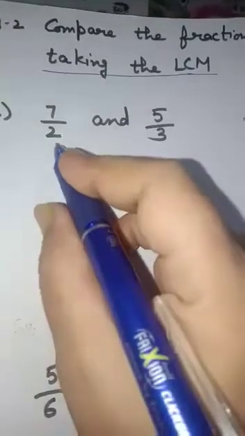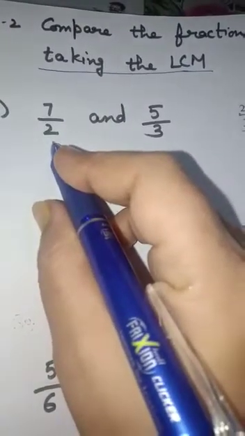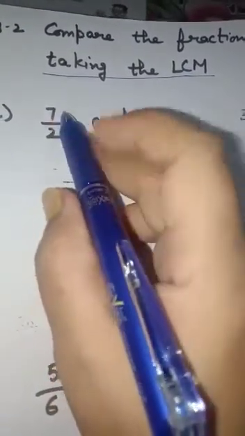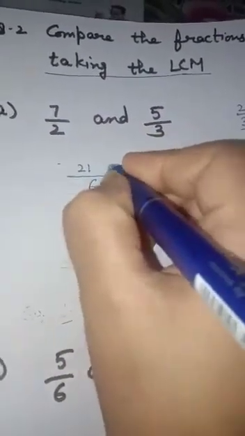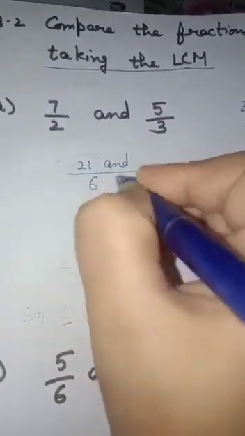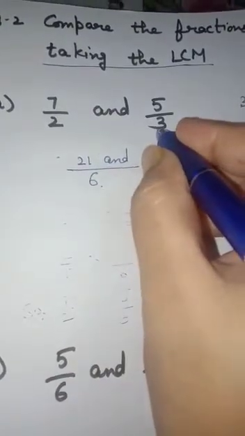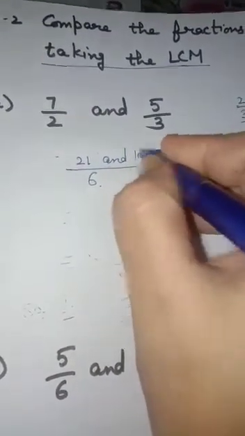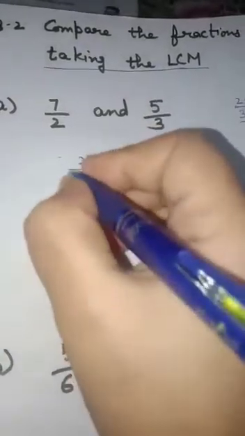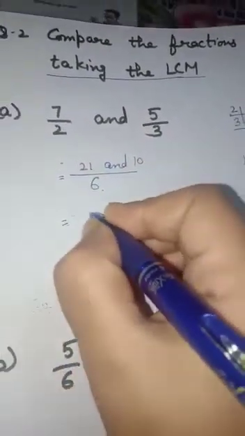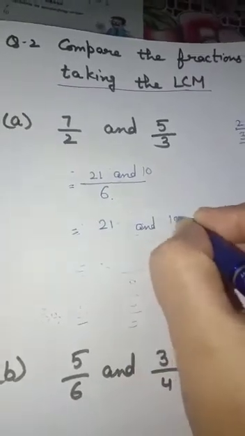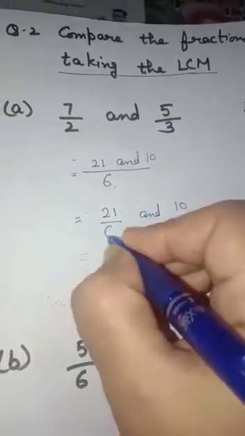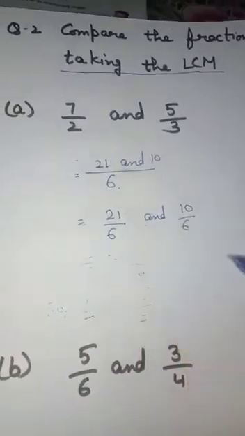When 6 is divided by 2, the answer is 3. 3 will be multiplied by this numerator. 3 7s are 21. In the same way, 6 divided by 3 is 2. 2 5s are 10. After this step, these two numerators will be separated with the same denominator 6.